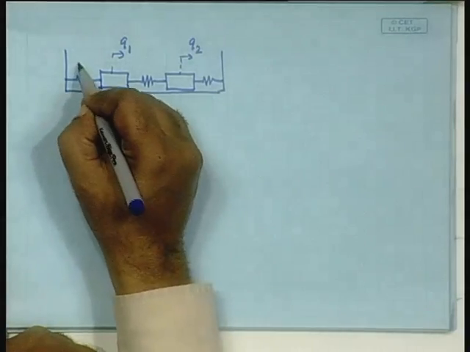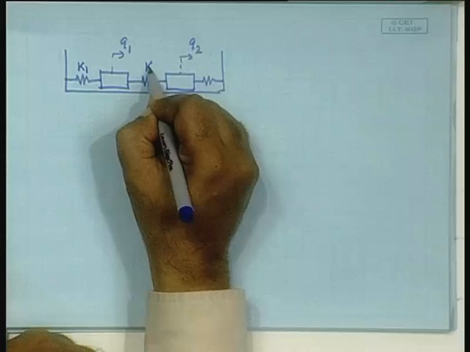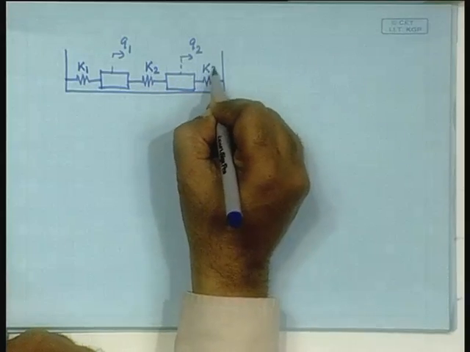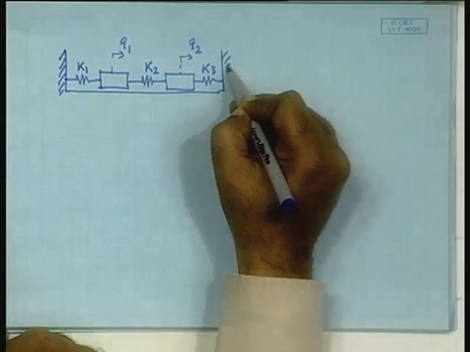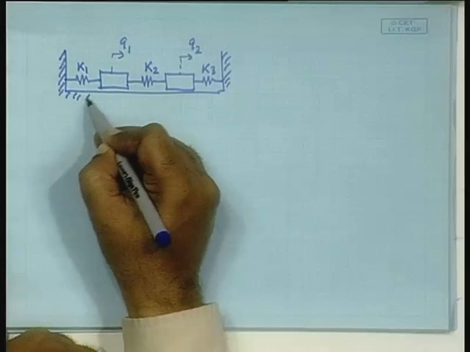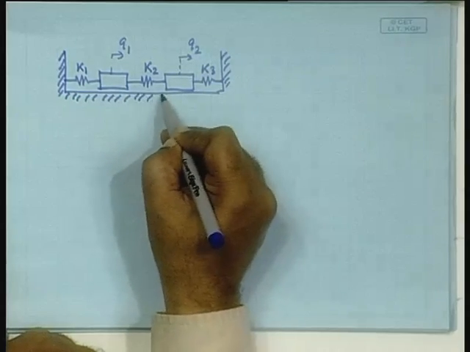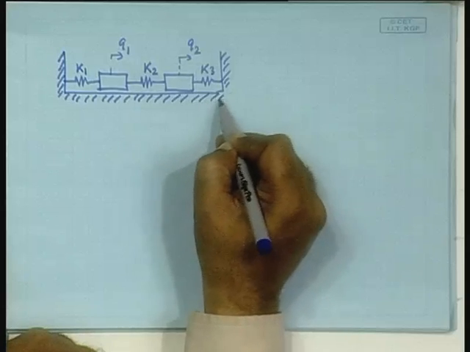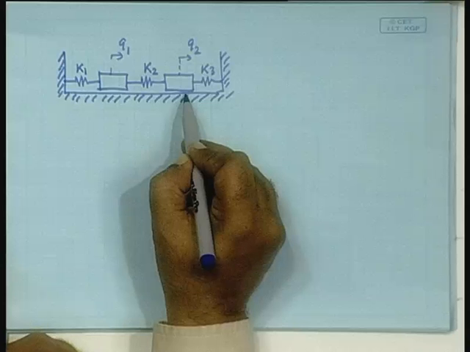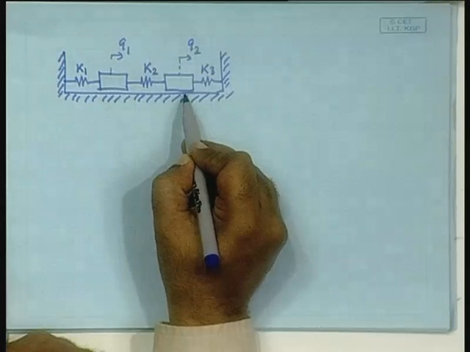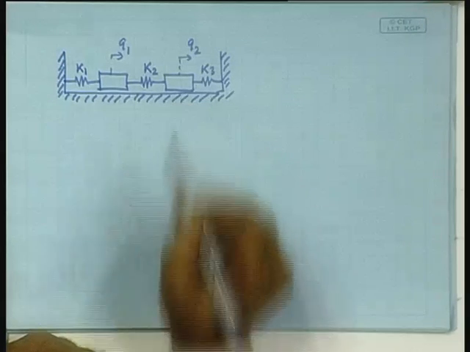We had said this was k1, this was k2 and this was k3, and this is the wall, this is the wall and this is the base. Earlier when we were solving this problem, we said that these two surfaces are perfectly frictionless, but now let there be friction. Let us see how you would do it.